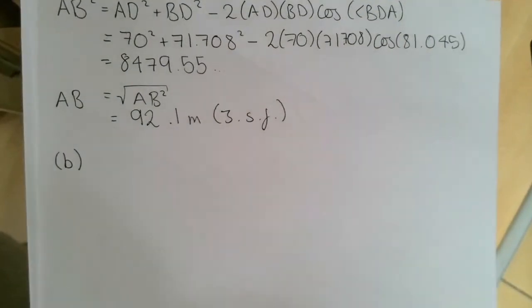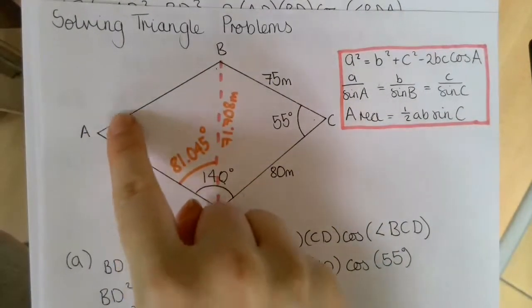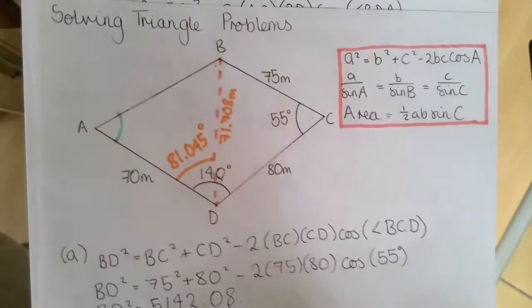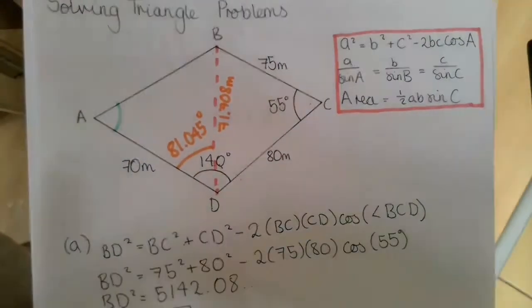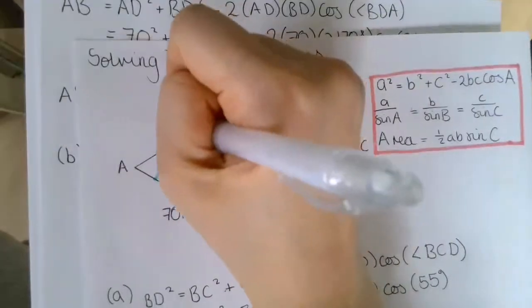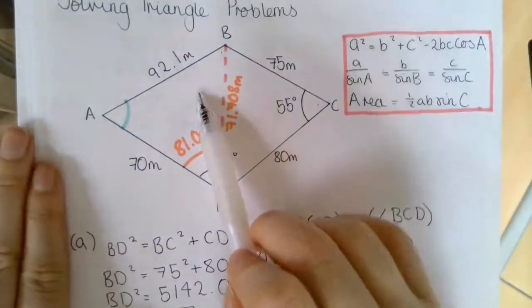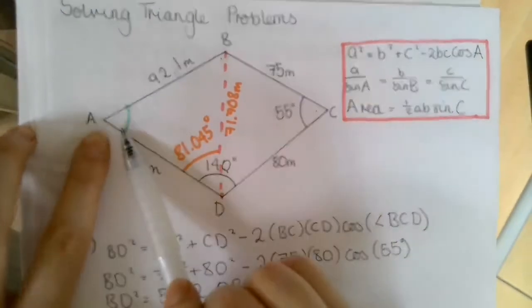Part B of this question asks us to find the angle BAD, which I've just marked as that blue angle there. We've just found the length AB, which was 92.1. So now looking at this left-hand side triangle, we want the angle BAD.